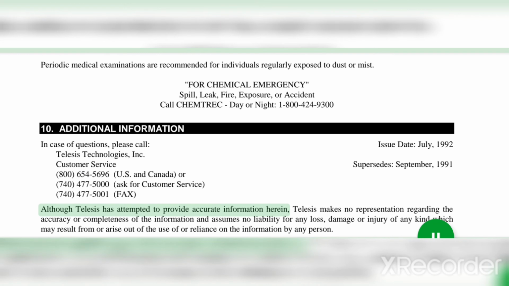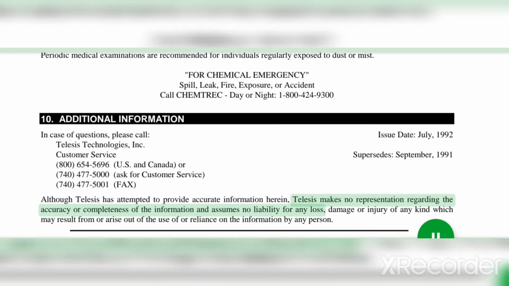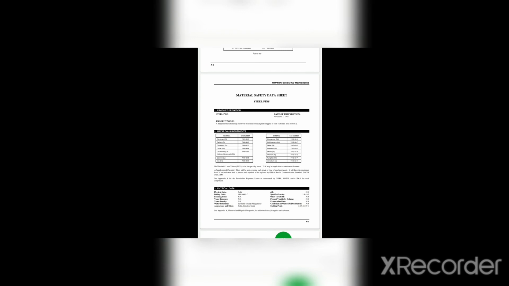Although Telesis has attempted to provide accurate information herein, Telesis makes no representation regarding the accuracy or completeness of the information and assumes no liability for any loss, damage or injury of any kind which may result from, or arise out of, the use of or reliance on the information by any person. Legend: N/A equals not applicable, depends on grade specification, NE equals not established, total dust.